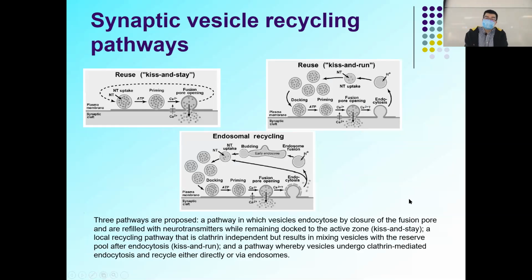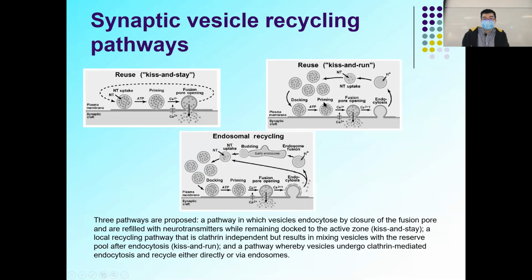So how is this vesicle being recycled? There are different pathways. You can see that there are different potentials, the so-called kiss and run, and kiss and stay. All those are possible.